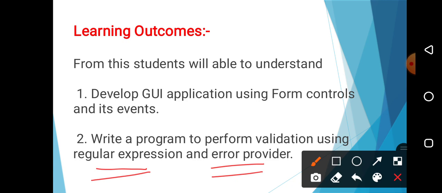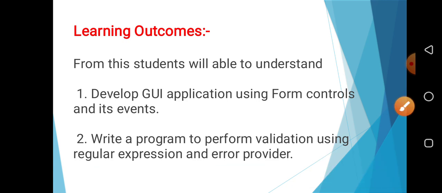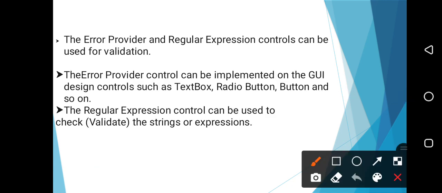What exactly the regular expression and error provider is? Let's start in detail. Students, the error provider and regular expressions are used for validation purpose. What exactly the validation is? Suppose you are entering your email ID or mobile number while filling any application form, whether it is valid or not.